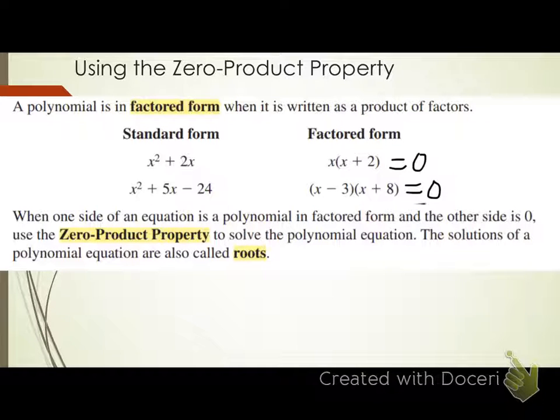And so on the next slide, we will see what the zero product property is. But I'll read that again. When one side of an equation is a polynomial in factored form, like here and here, and the other side of the equation is 0, so it equals 0, we use the zero product property to solve the polynomial equation. The solutions of a polynomial equation are also called roots. So you can call them solutions or roots of that polynomial equation. Am I good to move on to the zero product property? Okay, I'm waiting a second. Am I good to move on now?